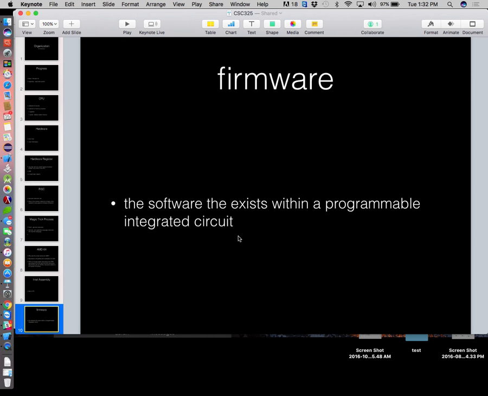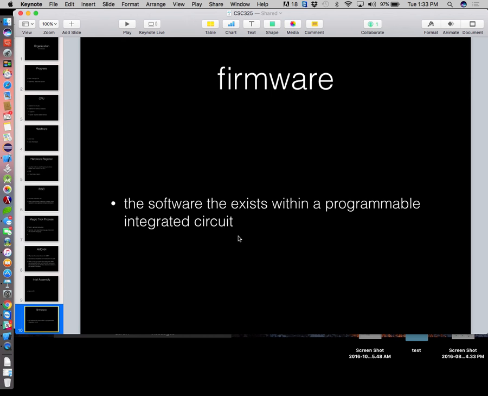Firmware would be similar to that, where it's sitting very close to the hardware itself, but it's based in software. So we can upgrade the firmware and change or fix a potential problem with the hardware. Can't necessarily fix all the problems if your bug is involved in some of the soldered stuff as opposed to the software that runs on it. But the real purpose of firmware is to make hardware more easily upgradable or fixable. Make sense?